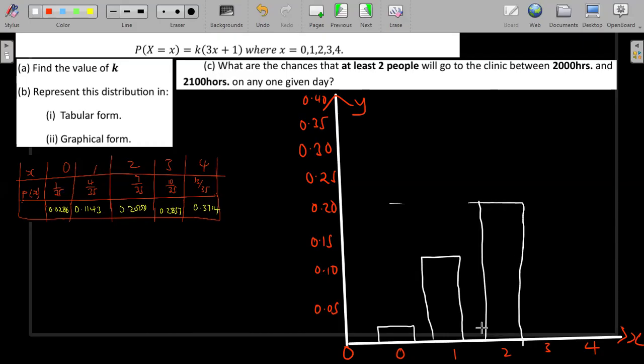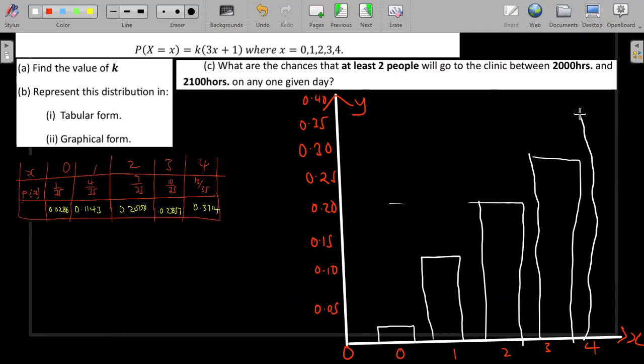That is our 2. Then 3 goes to 0.2857, somewhere there, just below the 0.30. That's where we're going to put the 3. And for the 4, we're saying 0.37, so it is going to be above the 0.35 here, like that.